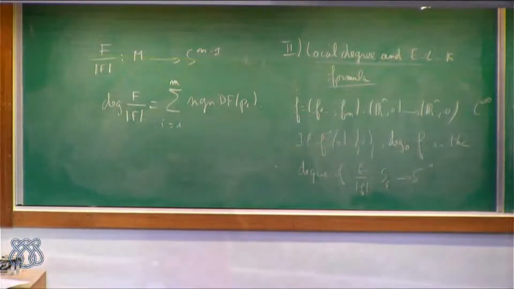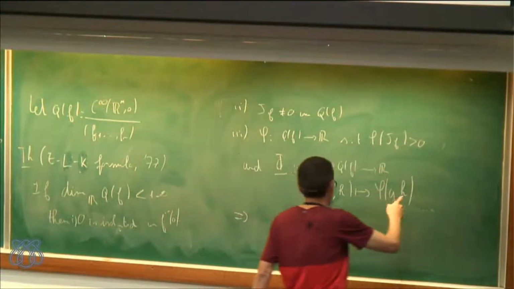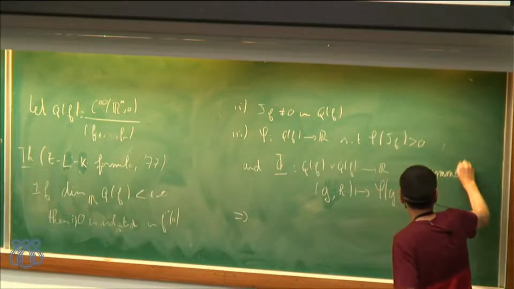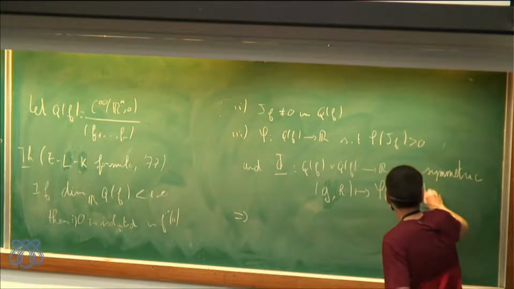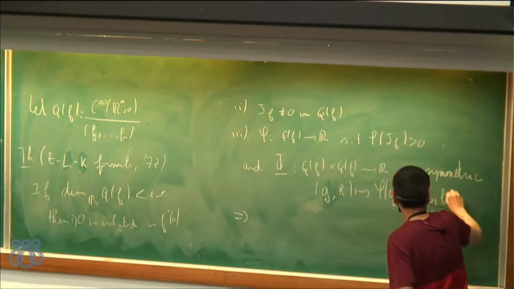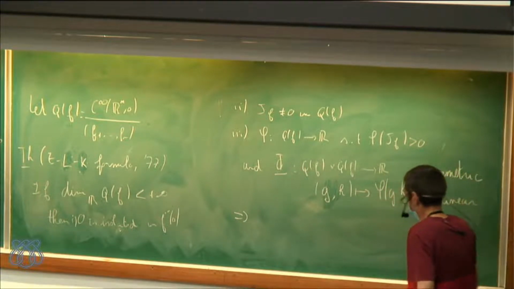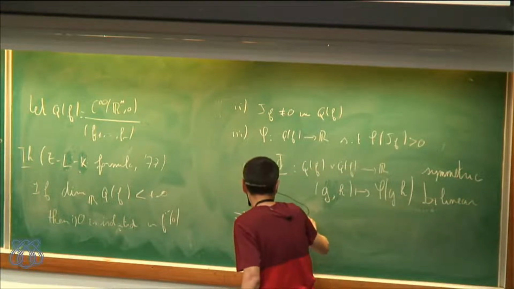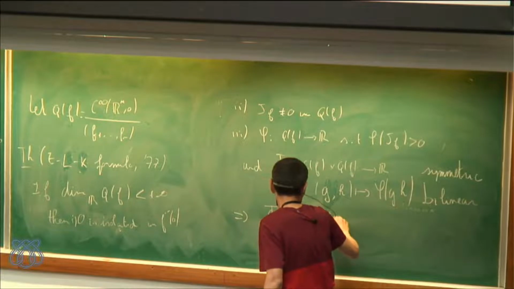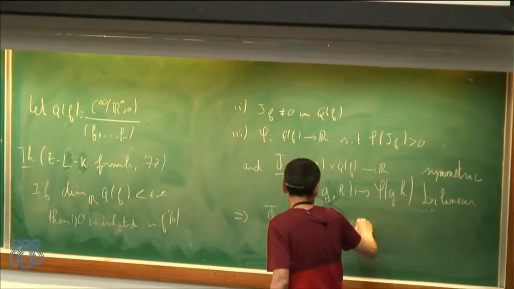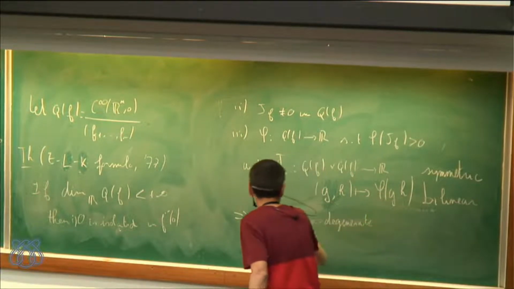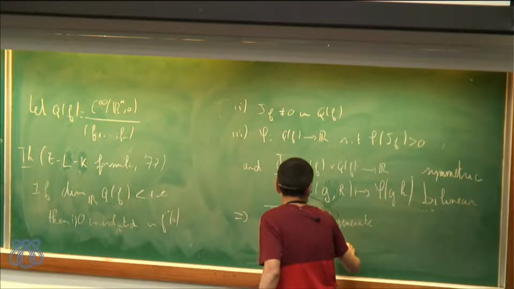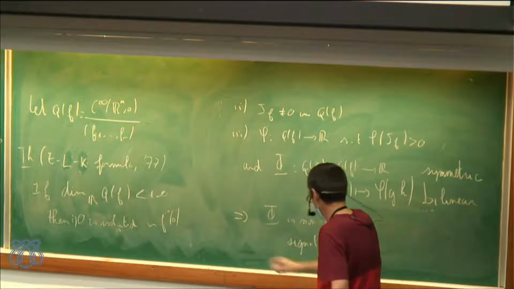So this is symmetric and bilinear, capital Phi is non-degenerate, and its signature is the degree at the origin of f.